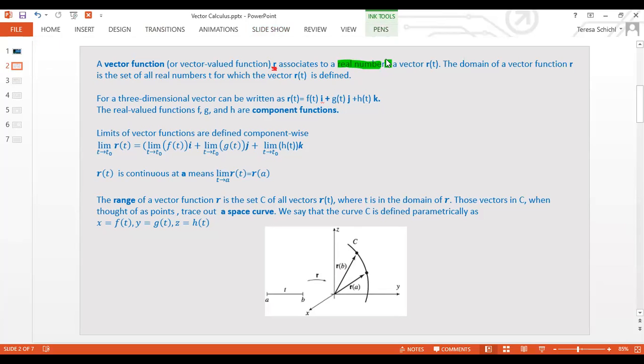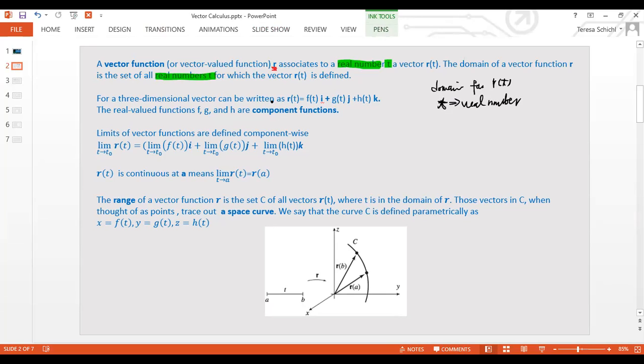That's our parametric variable t, so we call this vector r(t). The domain of this vector function is all the real numbers t, depending on how you define your functions.